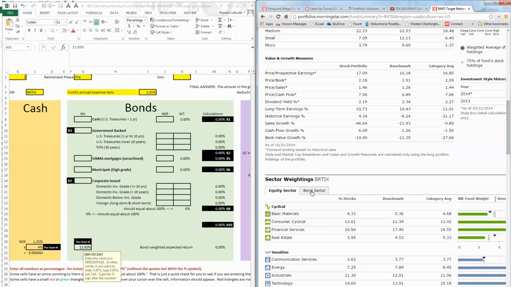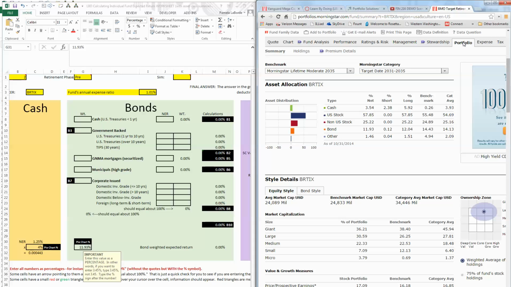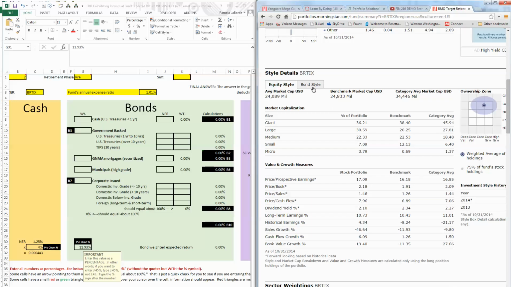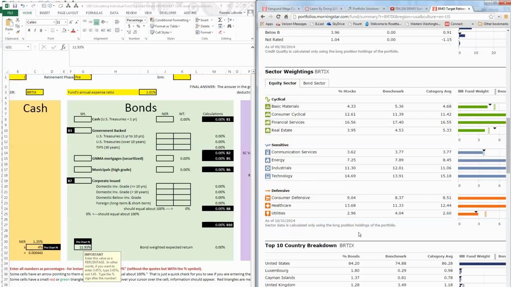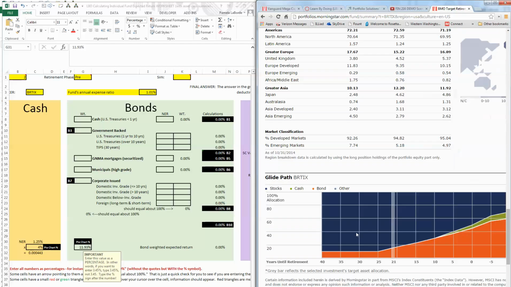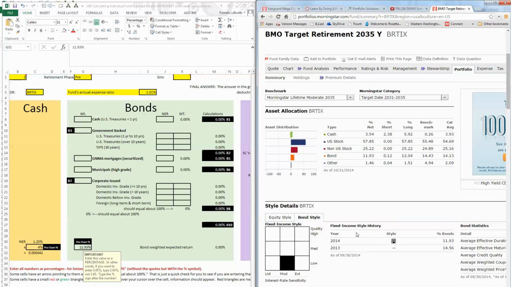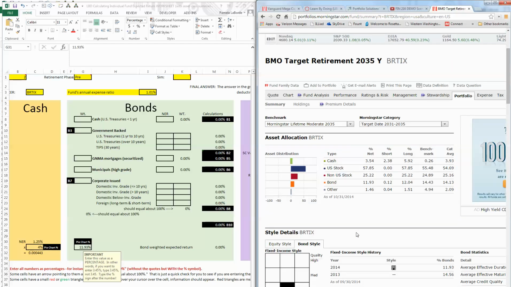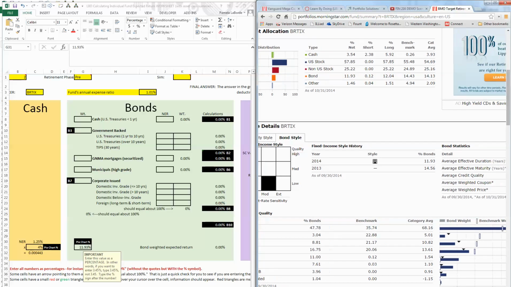So I'm going to go up to the Bond Sector tab, still under the Portfolio Main tab for this particular fund. So to the Bond Style. I will come down here, hopefully it has it. You know, it's missing some data. That's frustrating.